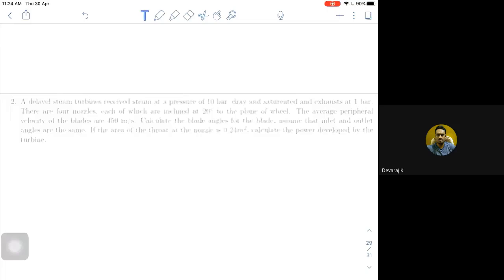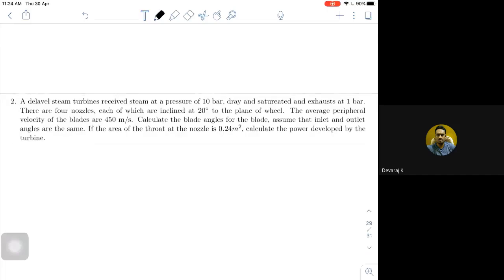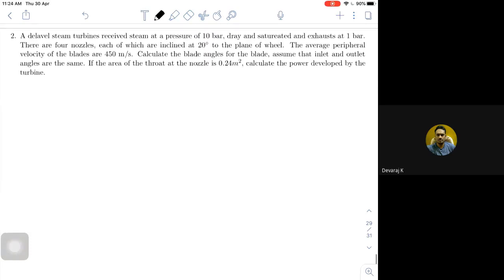This is your problem statement. A De Laval turbine receives steam at a pressure of 10 bar, which is dry.